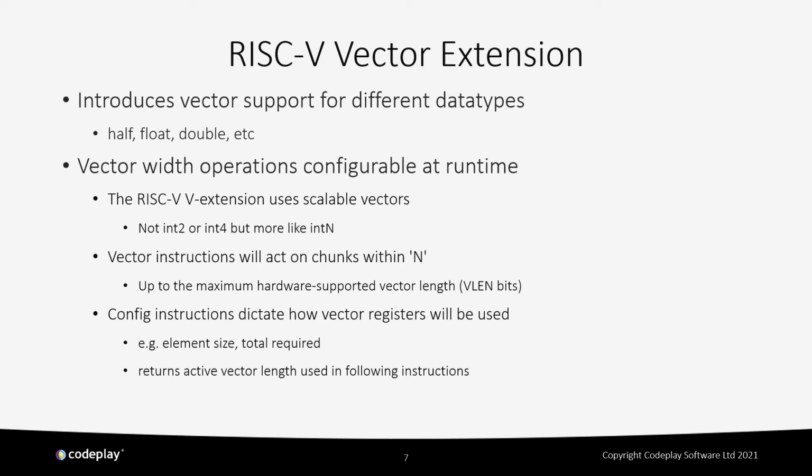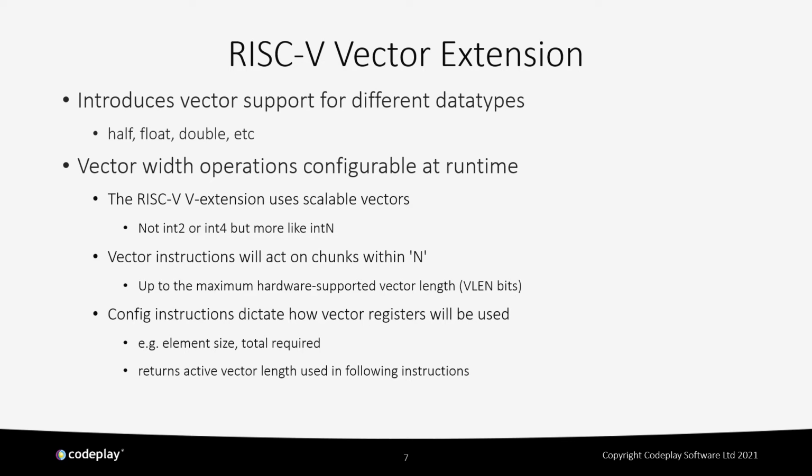The vector instruction will act on chunks within n, up to the maximum hardware supported vector width. This is defined as VLEN bits. The vector ISA itself is agnostic to this vector length. This can lead to much less bespoke instructions such as seen in other architectures.